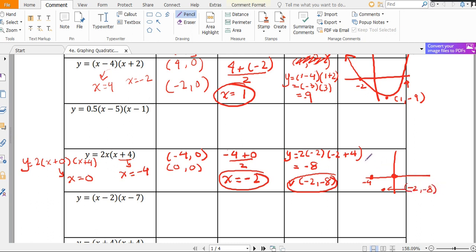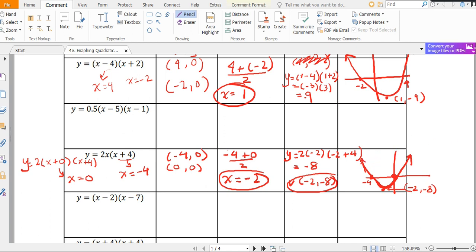And then again, I know it's opening up because my a value is positive. Okay, so let's say it's crossing that point. Now, the one thing you've got to remember is when I'm drawing these, I want to try to keep this as smooth of a curve as possible. Do not make it pointy.